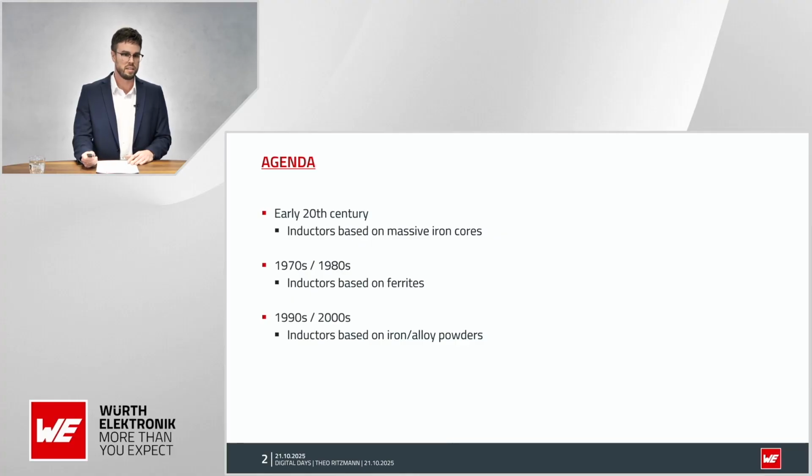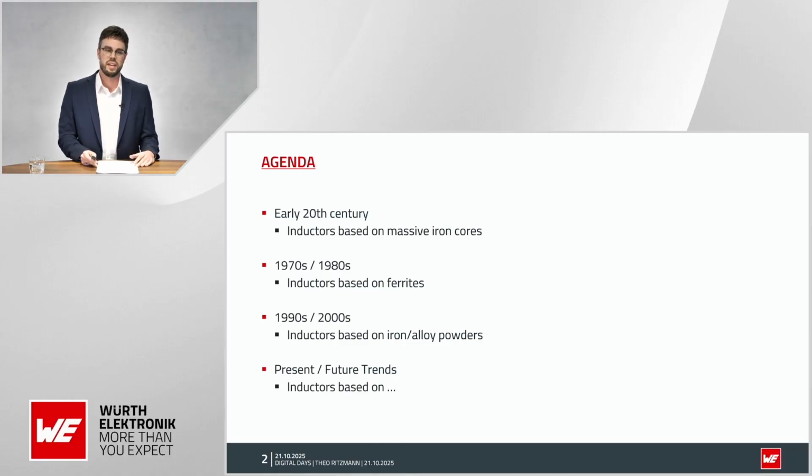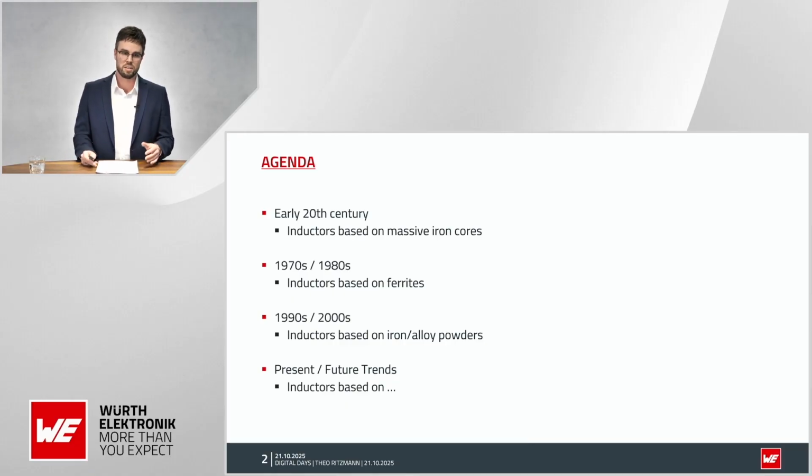Around the 90s and 2000s, another step happened, and the inductors were then based on iron powders or alloy powders. And then for sure, also as the title of the presentation says, we will have a look at state-of-the-art present inductors and also what the future trends will hold for us.